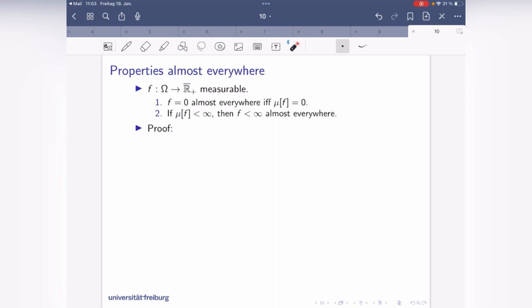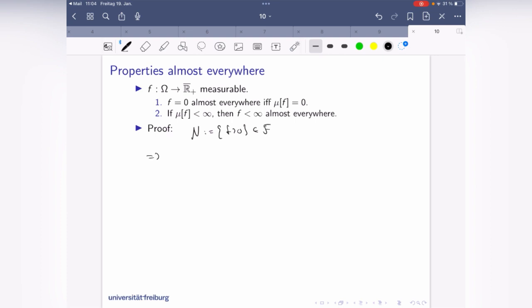Let's show this. So I define the null set N, which is the set where f is bigger than 0. That must be measurable because we had also last time that f smaller or equal than x is in the sigma algebra, and the complement is also in it, so f bigger than 0 is in it because f is measurable.